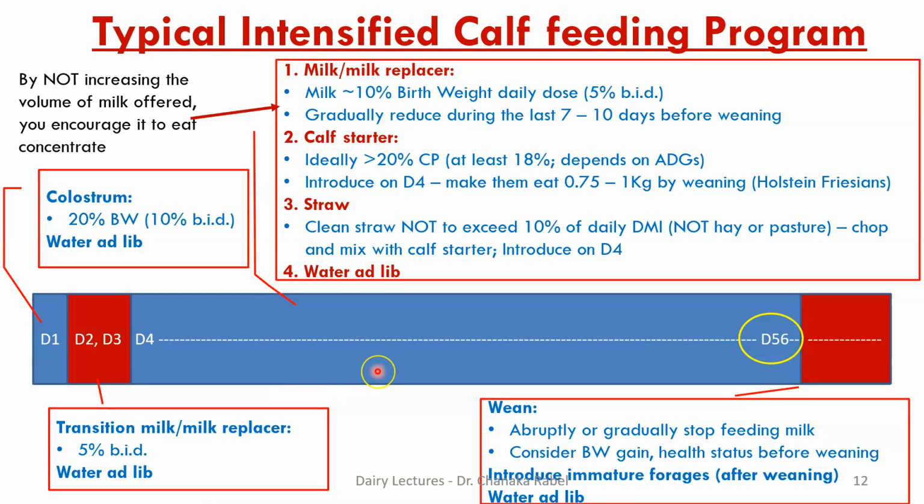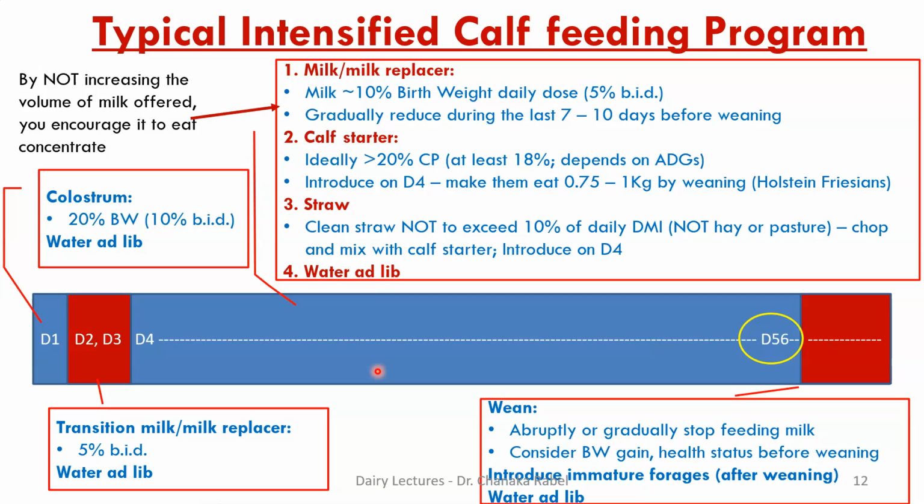That is because the goal of feeding straw is not to provide nutrients, not to provide carbohydrate. The goal is not to use straw as a source of amino acids or fatty acids.